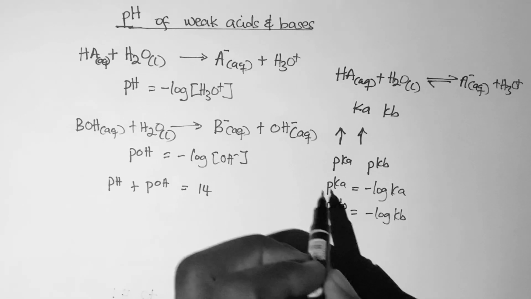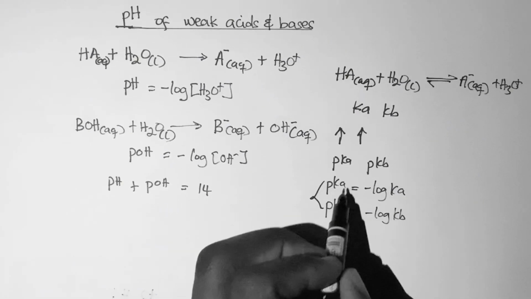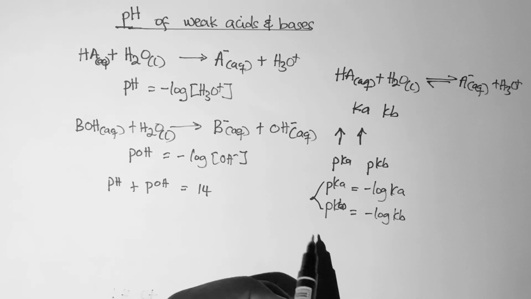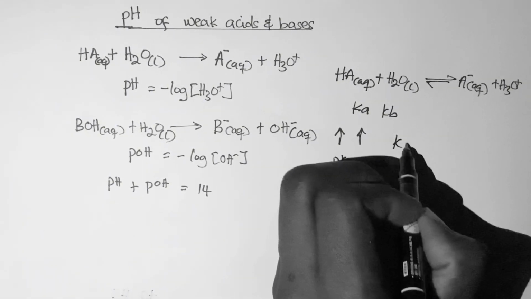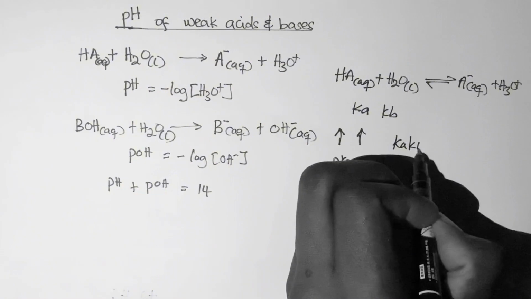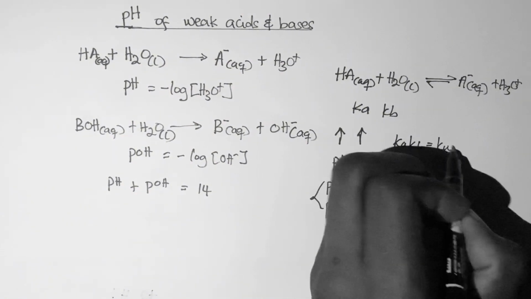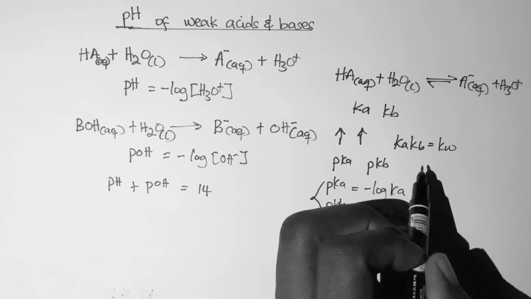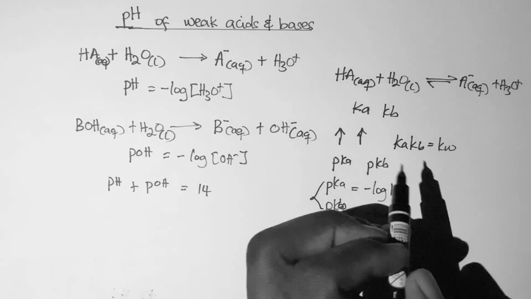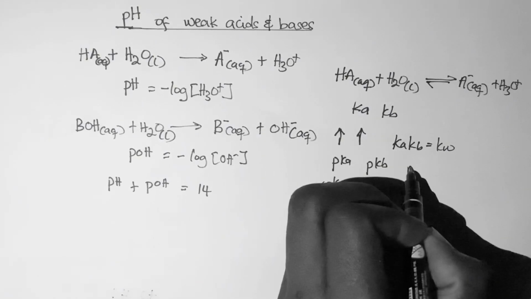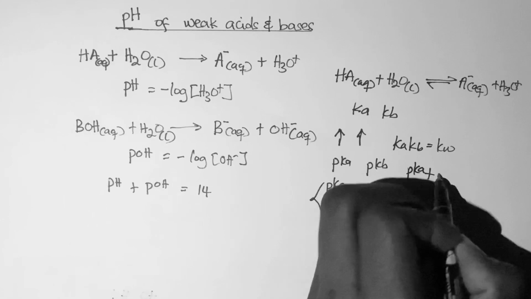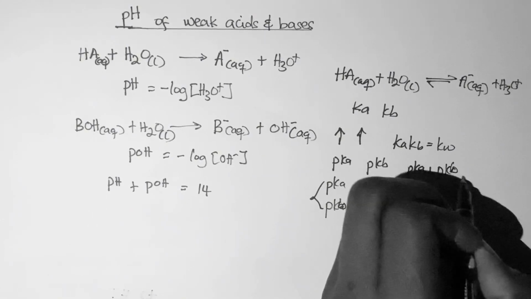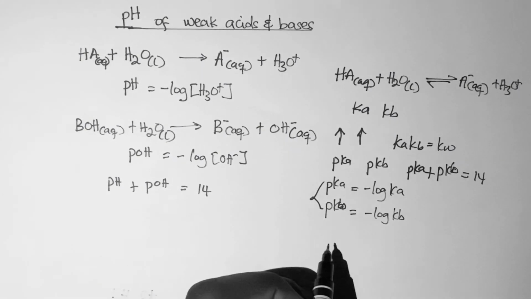So in other words, it is inverse in the case of pKa and pKb. But then Ka times Kb is equal to Kw, where Kw is the water dissociation constant, and also pKa plus pKb is equal to 14.